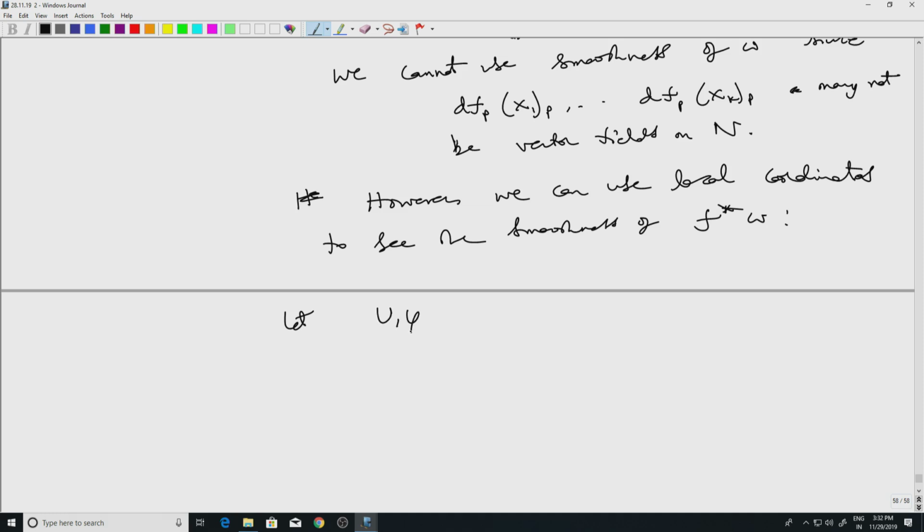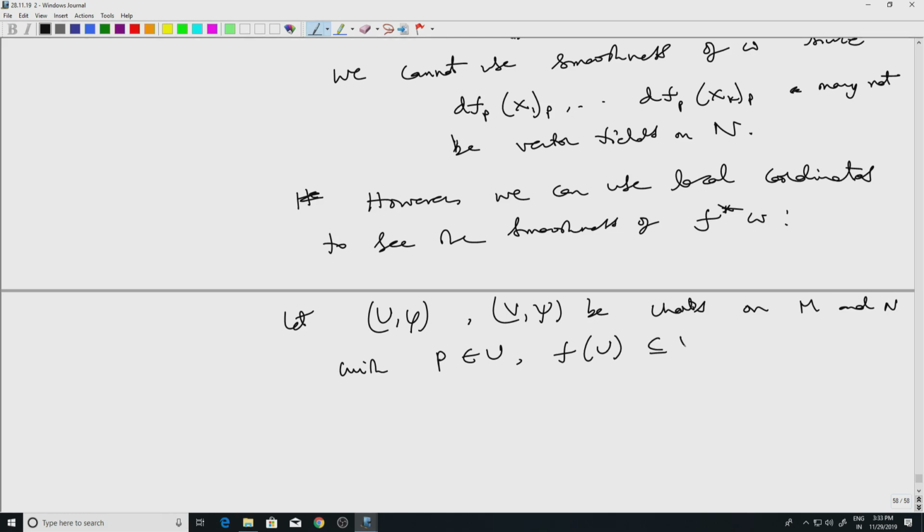Let U, phi and V, psi be charts on M and N with P in U and F of P in V. I want to say that the whole thing, F of U itself, is contained in V. These are charts on M and N with this property.